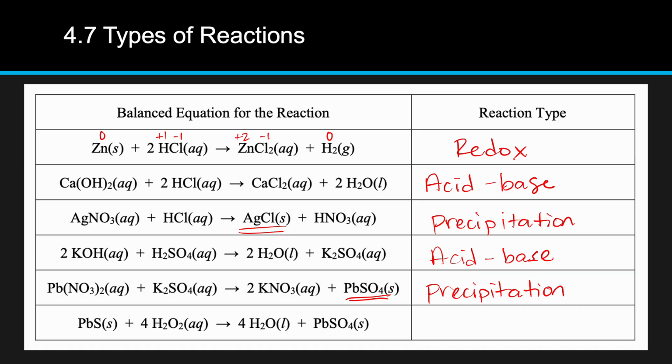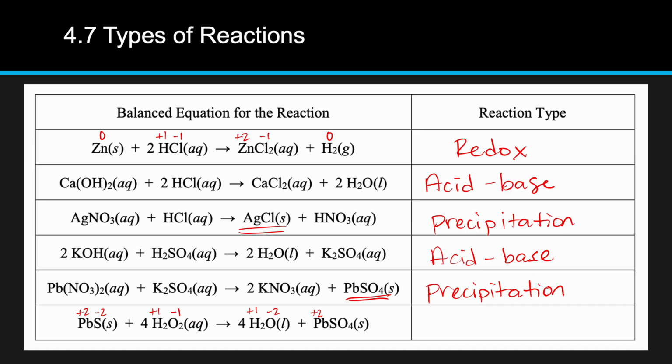So let's go ahead and check our oxidation states to make sure. So sulfur is a -2, lead is a +2. Remember, in H2O2, oxygen has a -1, and hydrogen will have a +1. In water, oxygen has a -2, hydrogen has a +1. And then sulfate, we know, equals -2, which means lead has to be +2.